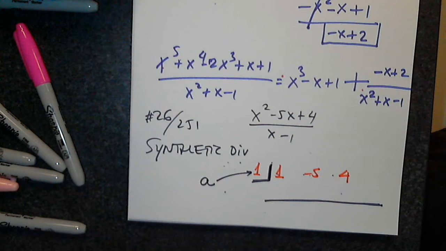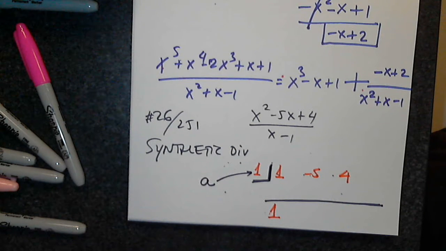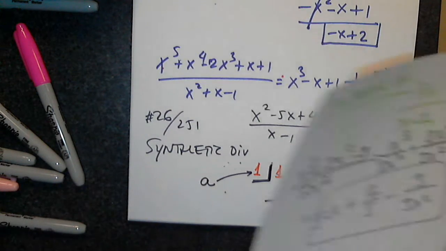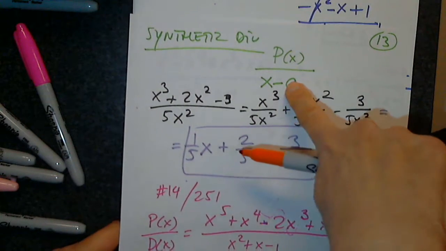The algorithm requires us to copy the first coefficient no matter what, the leading coefficient. 1 times 1. What is a? From the synthetic division, a minute ago, we wrote it as x minus a. This is a.